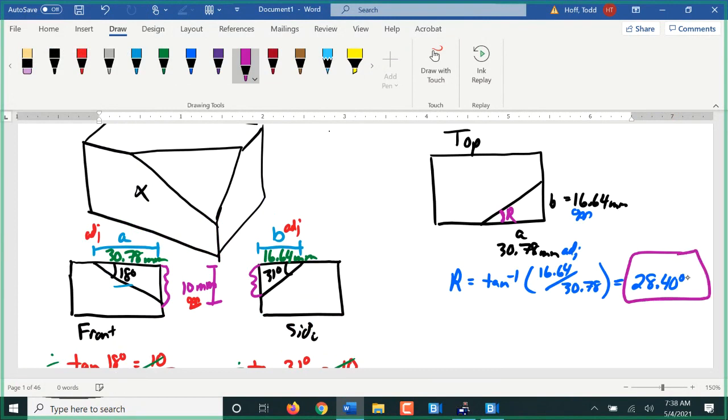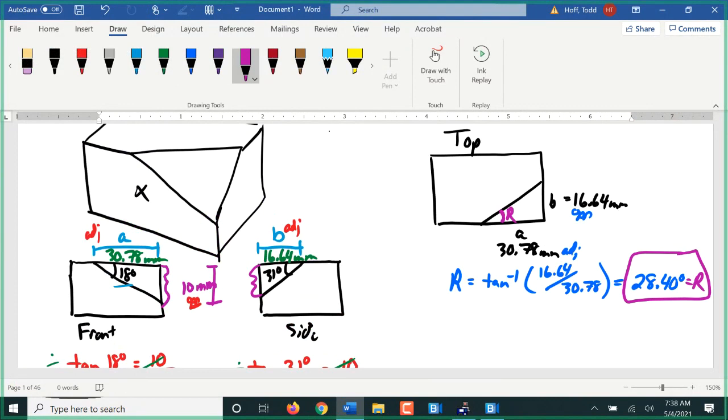That is our angle of rotation. So that's telling us that on the table for our mill, we need to turn that part 28.4 degrees off of a perpendicular in order to line that side up so that we can rotate it on the mill.